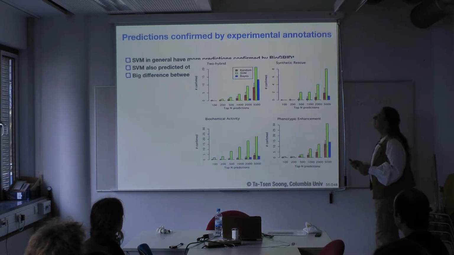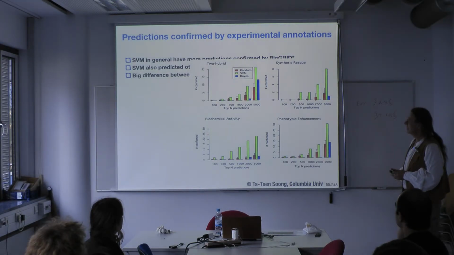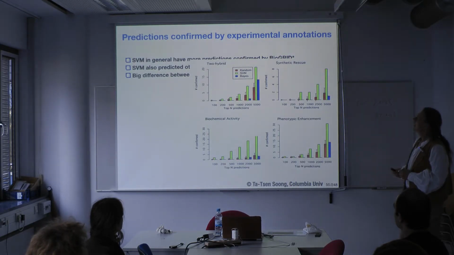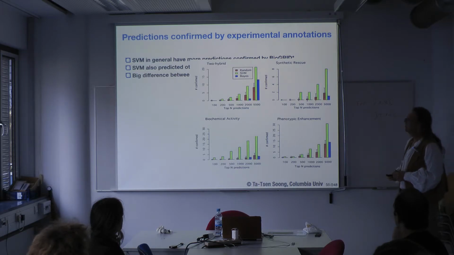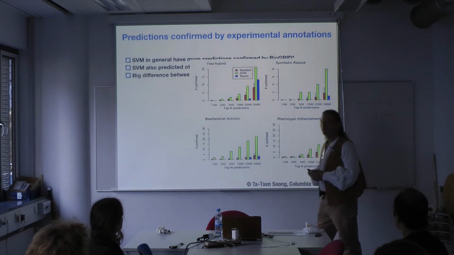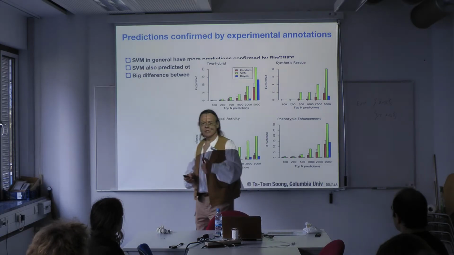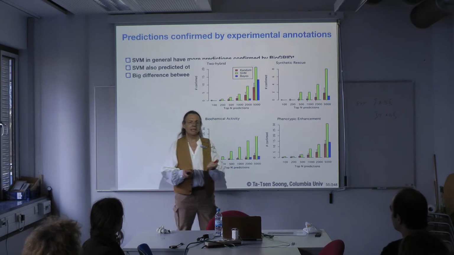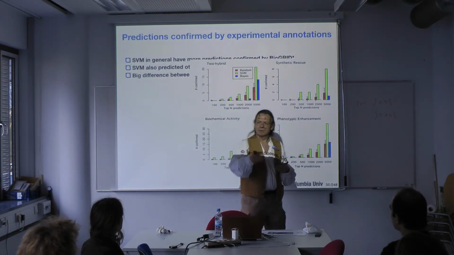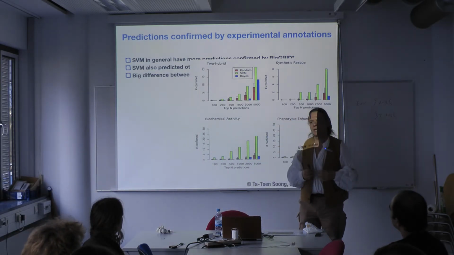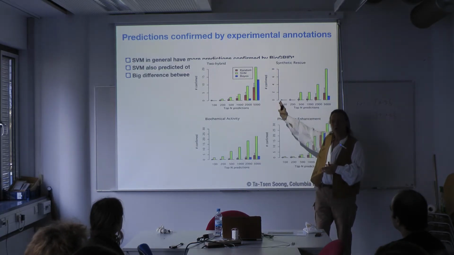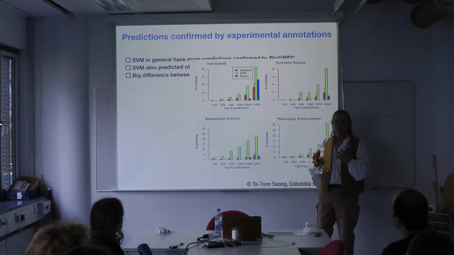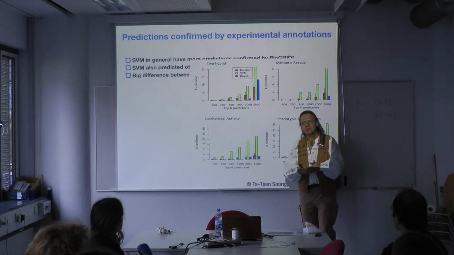And then you can look at a bunch of other features. You can look at other data, synthetic rescue, phenotypic enhancement, biochemical activity, and see whether there's an enrichment in some sense. So you have a set of things that you predict with a high reliability to interact, and now you look at data, a little bit like the localization story, where you're not quite sure that this synthetic rescue is really directly telling of protein-protein interaction.